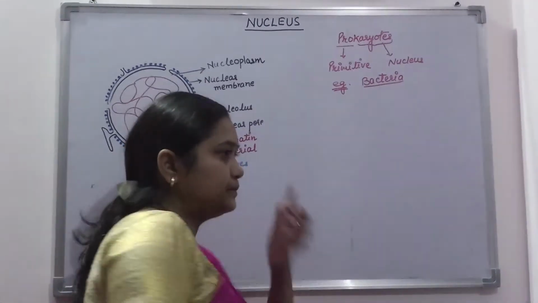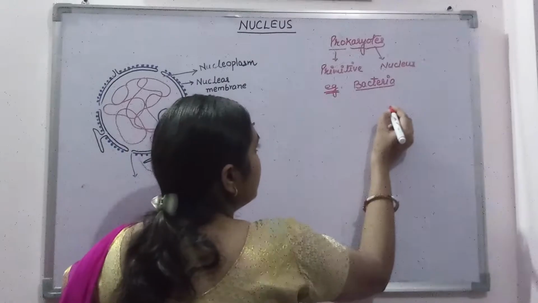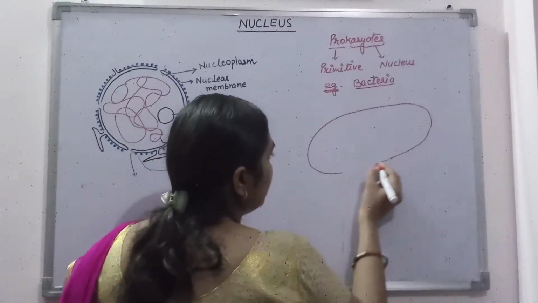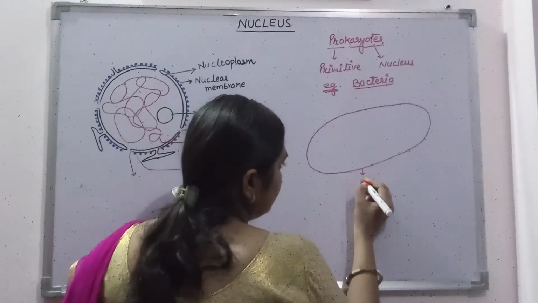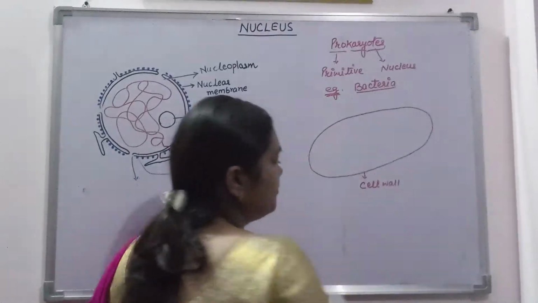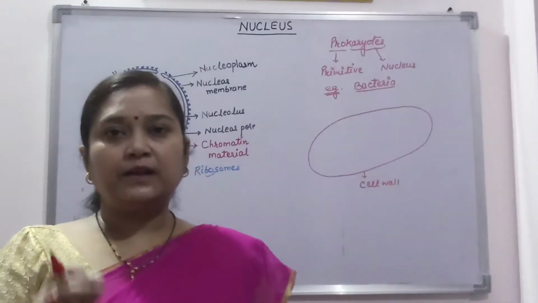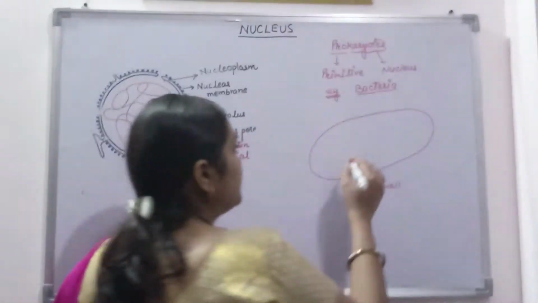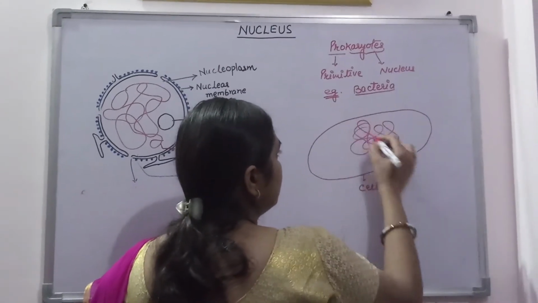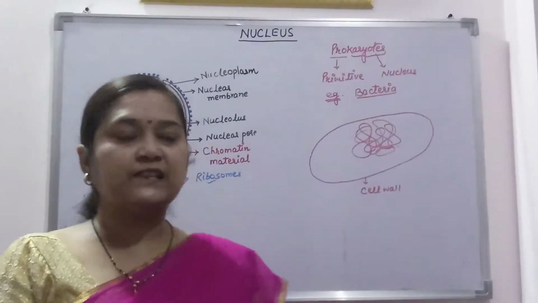See student, in case of prokaryote, there is no nuclear membrane. This is the cell wall of bacteria. The chromatin material is freely suspended in the cytoplasm. Why is it freely suspended?